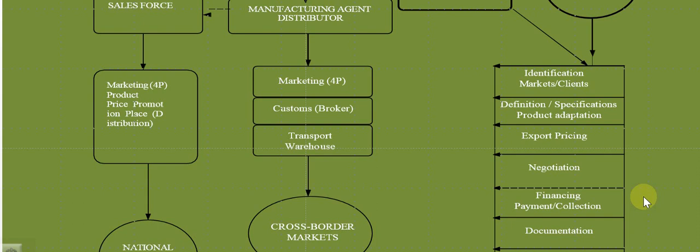The documentation includes the packing list, the commercial invoice, and bill of lading, and other inspection documentation. There are lots of documents, which can be decided between the two parties, seller and customs, and also documents necessary for customs considerations.